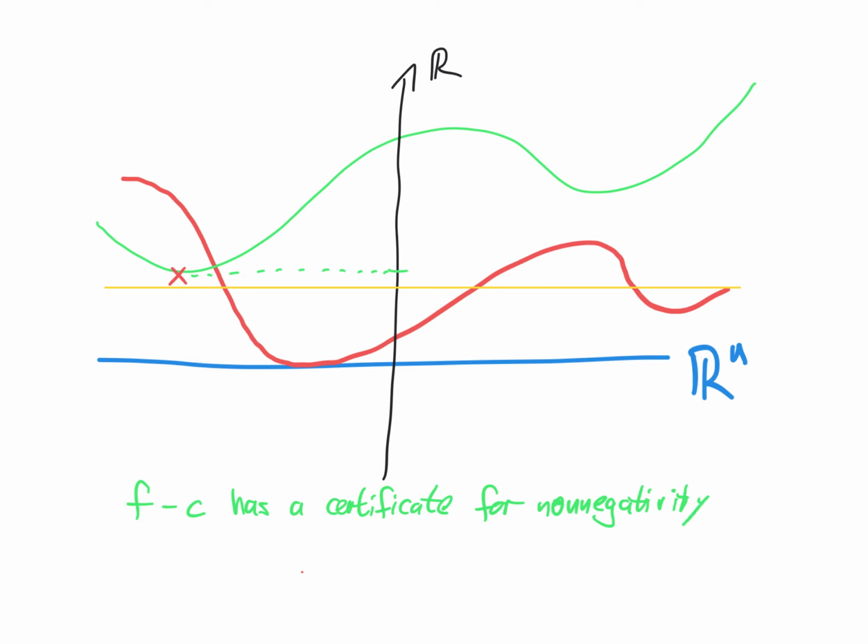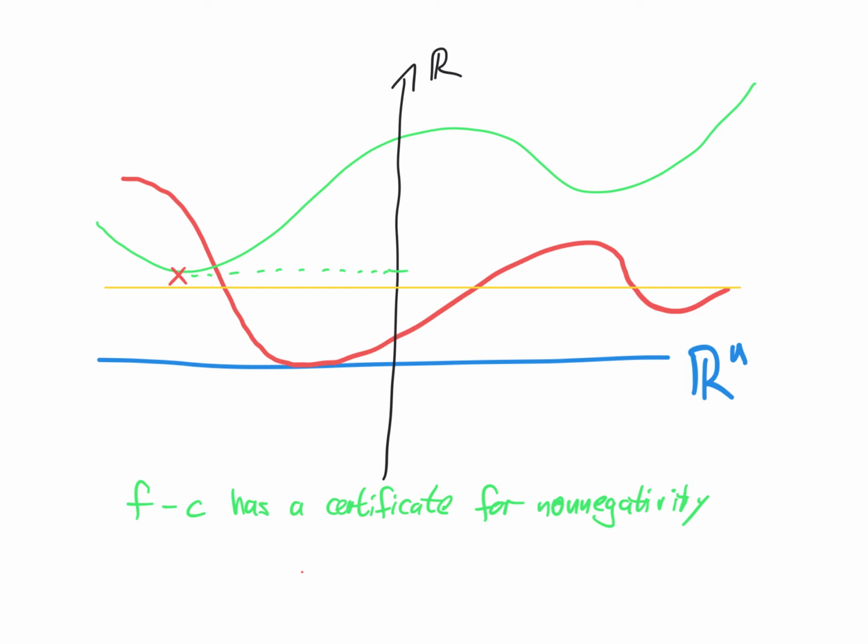And actually, you know from the Gram matrix method that you can search for sums of squares certificates using positive semi-definite matrices, and optimizing linear functions over the cone of positive semi-definite matrices or over intersections of this cone with affine subspaces.